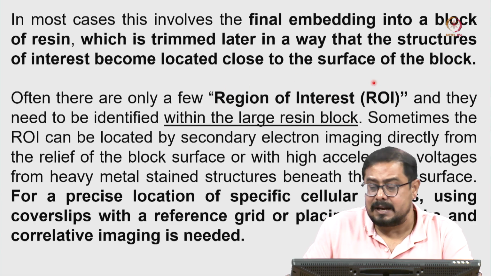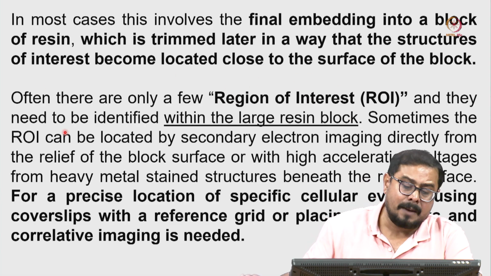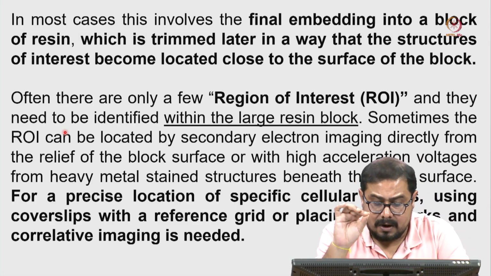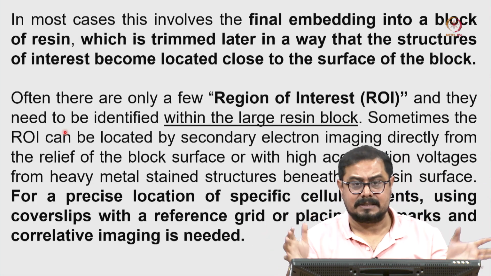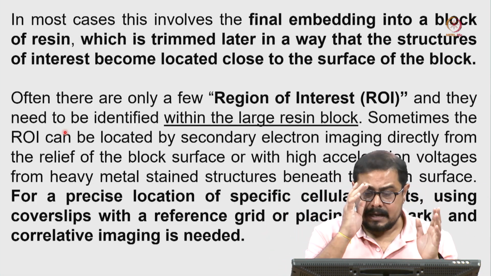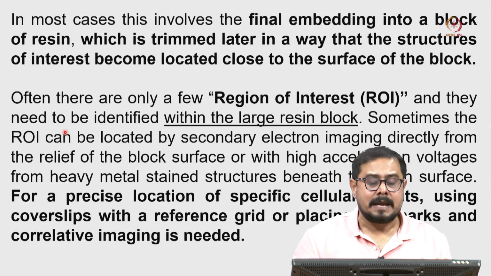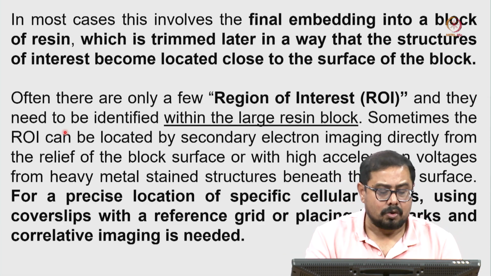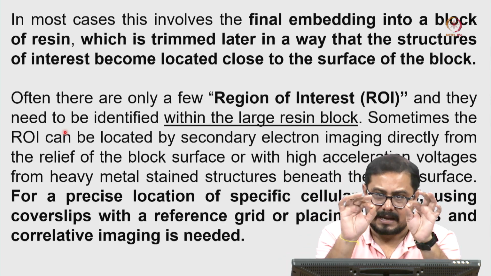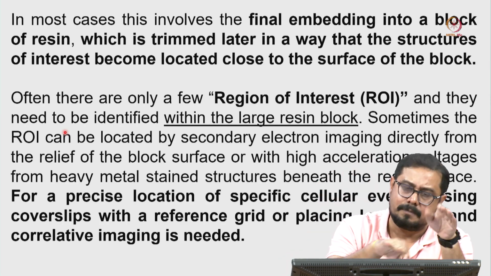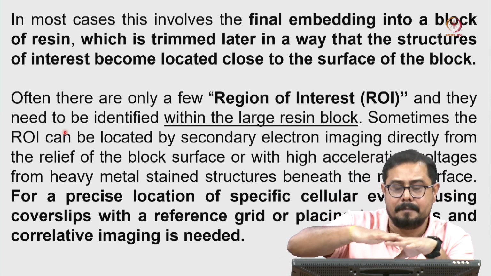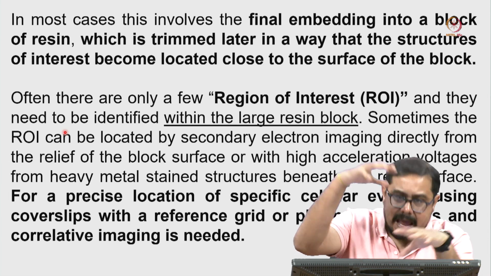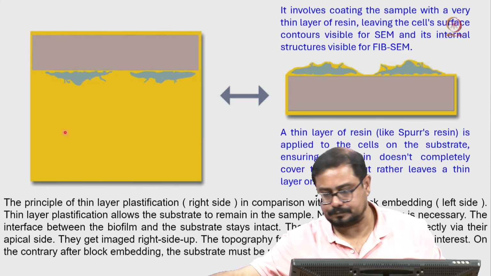When you find the region of interest, then we have to identify that particular area within this large resin block, and when we identify that region of interest, then we are going to use the ion beam to precisely locate that area and use that ion beam to mill that membrane and see inside the cell.